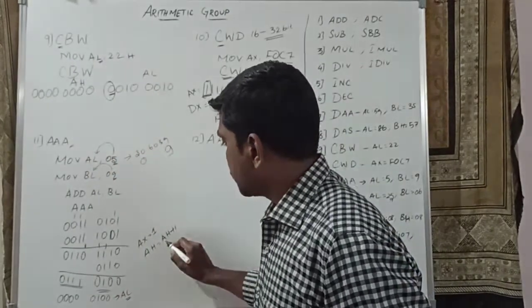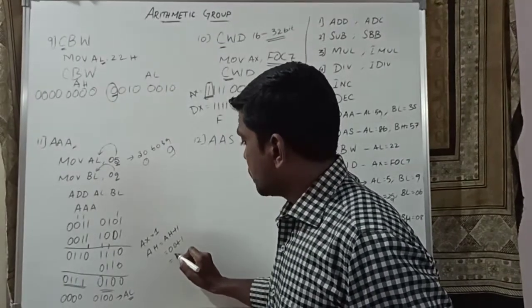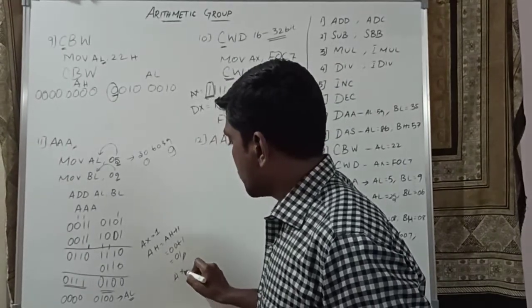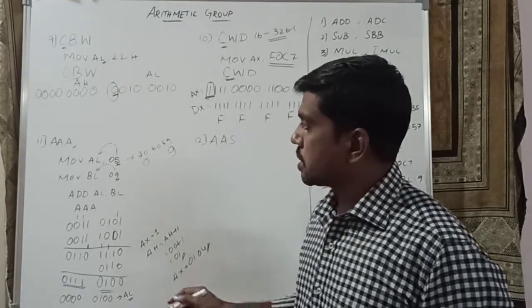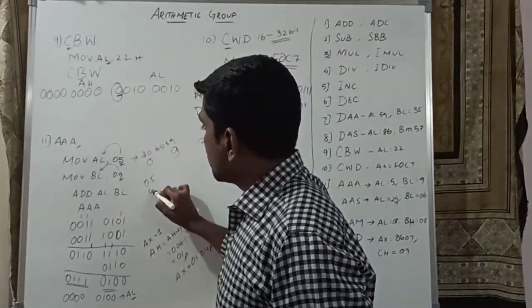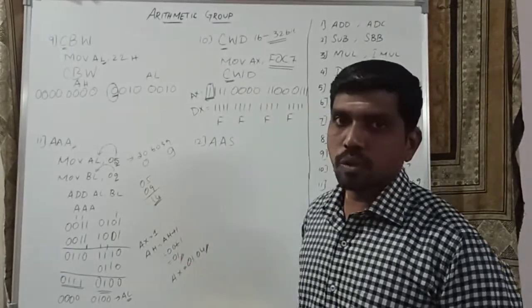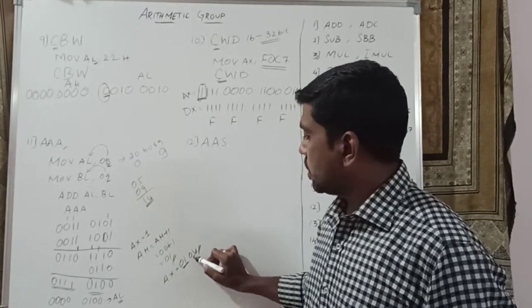The AH value before execution is 00, plus 1 gives 01. Now you get AX equal to 0104. It's the answer. Normally you add 05 plus 09 and get the result 14. Here the AX value is 01 and 04.